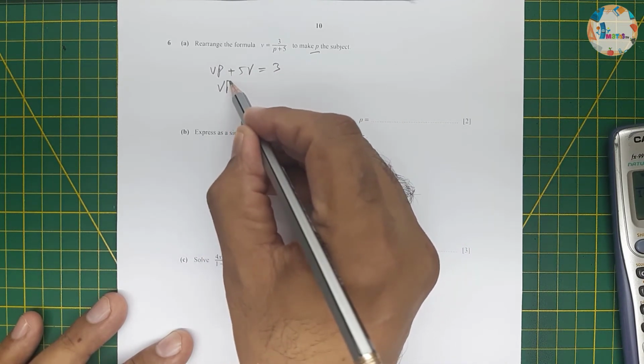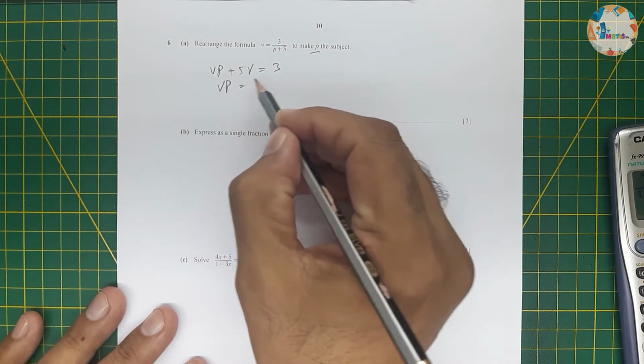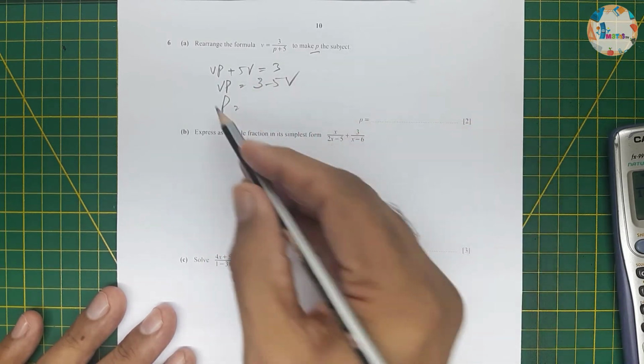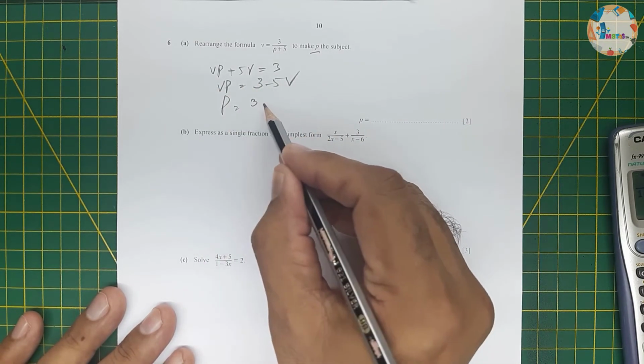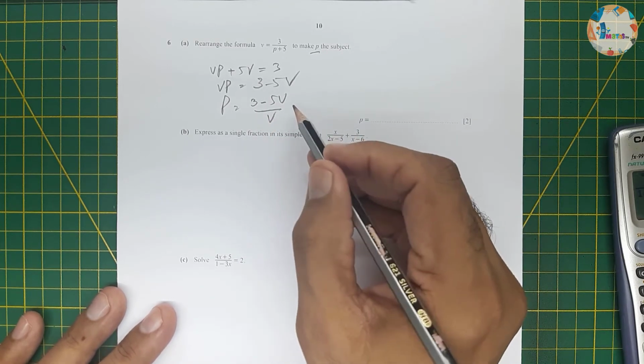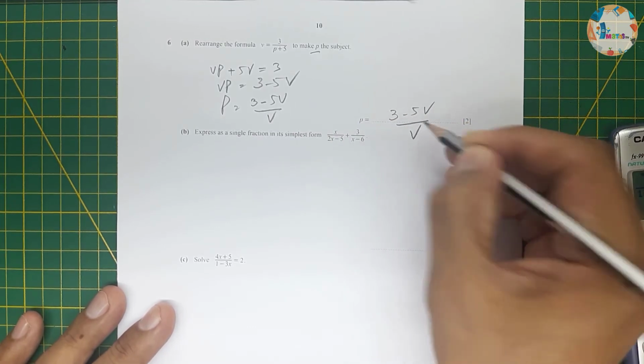So VP is equal to 3 minus 5V, and now we can make P the subject. V we can shift to this side. So 3 minus 5V over V. This can be our answer.